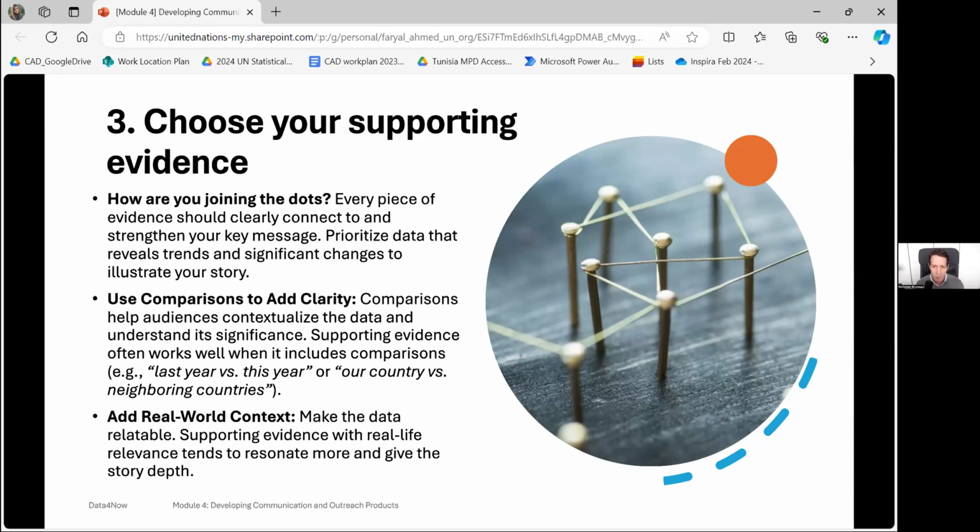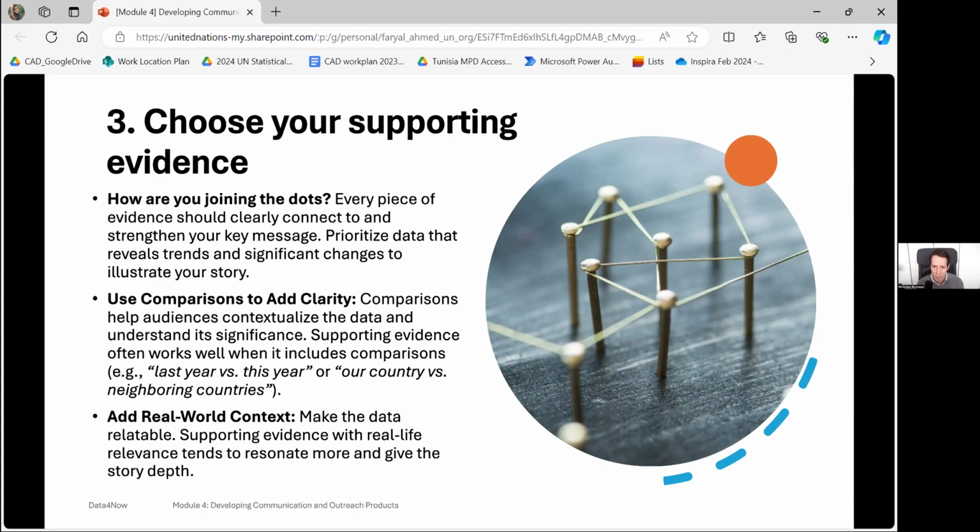So, for example, it can be a global context, comparing your country to other regions or other countries, and also having a comparison with a timeline. For example, last year and this year, to try to give that story a little bit more depth.